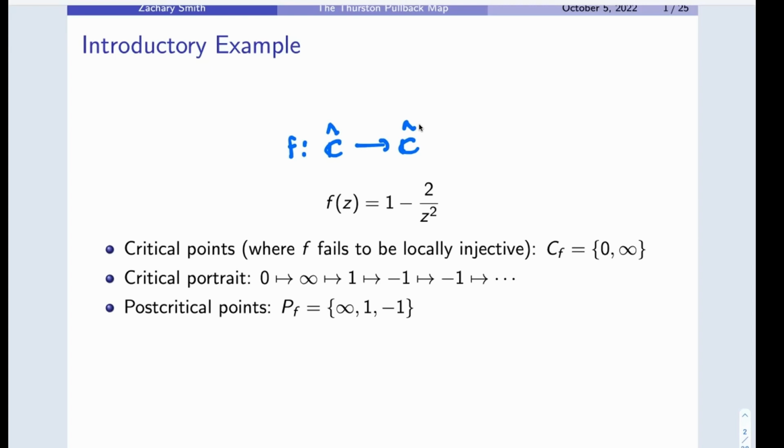The critical points of this map are going to be 0 and infinity, and this can be seen by looking at derivatives, for example. And 0 will map to infinity, and then infinity will map to 1, and then to minus 1, and then it'll actually just get stuck there. Okay, so this gives us a notion of what's called a postcritical set, which is the set of all the points that are eventually images of critical points under iteration.